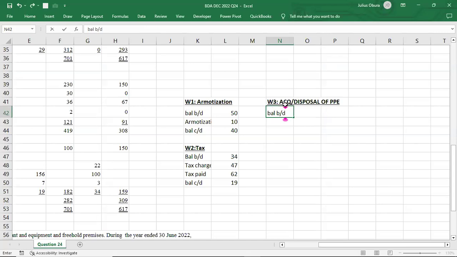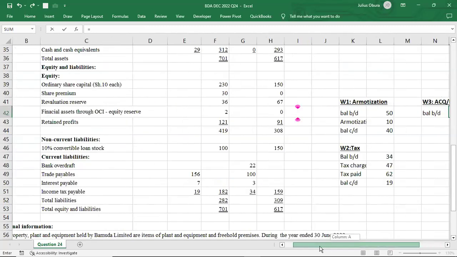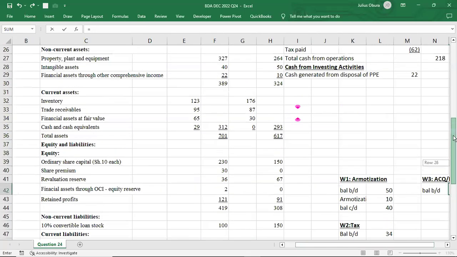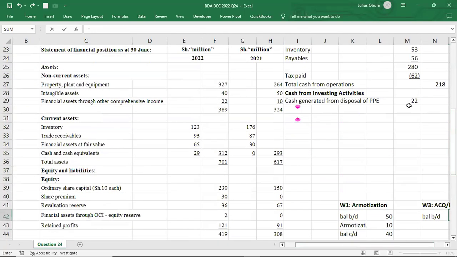We check for that from our statement of financial position, and for our PPE, the balance brought down is 264.